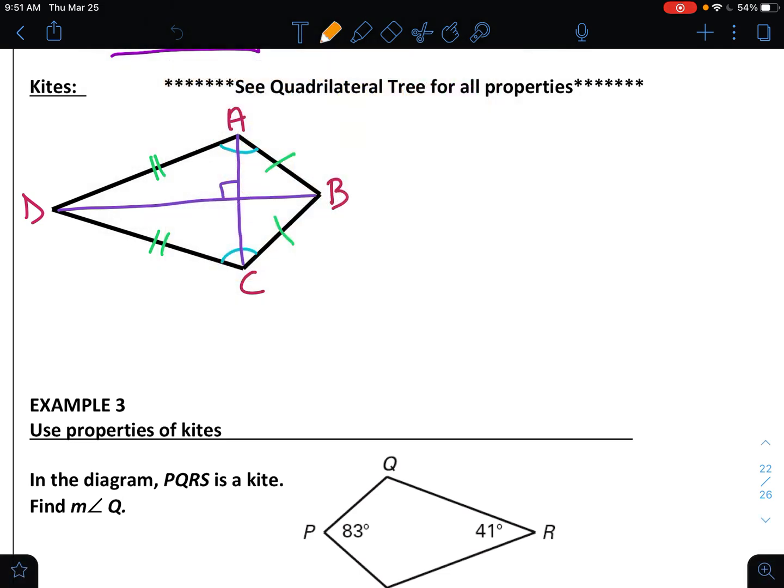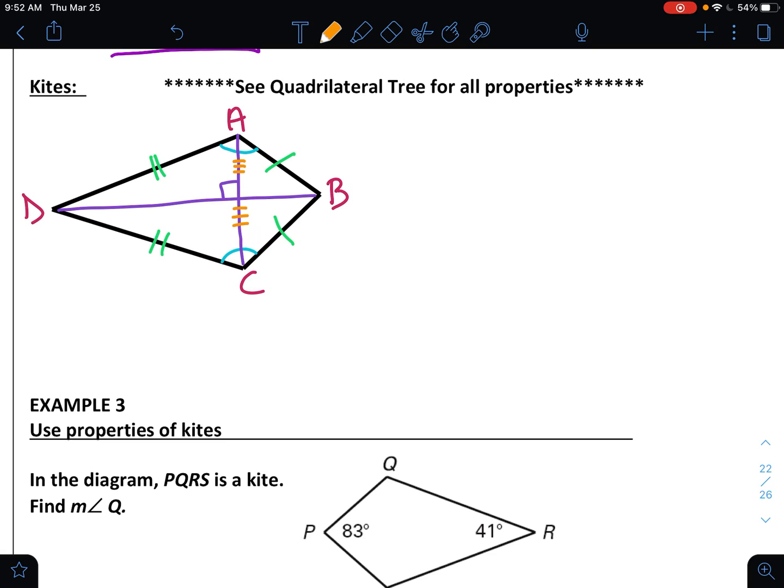All right, let me get a new color. Let's do maybe this orange one. So on my diagonals, one of them is cutting the other one in half. So I'm going to put 3 marks here because I've already used 1 and 2. So the shorter diagonal gets chopped in half by the longer diagonal. The longer diagonal does not, okay?